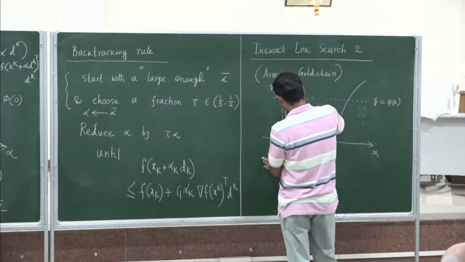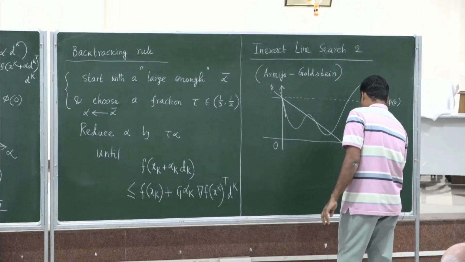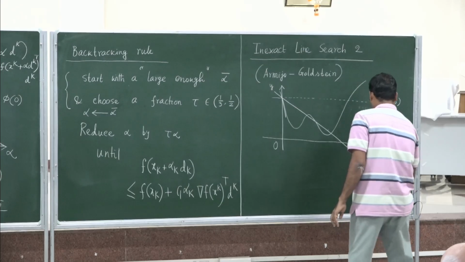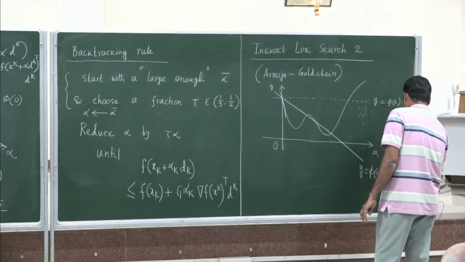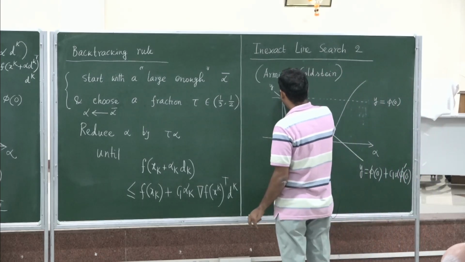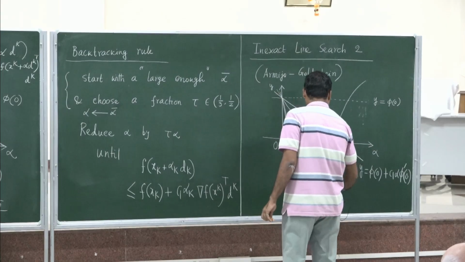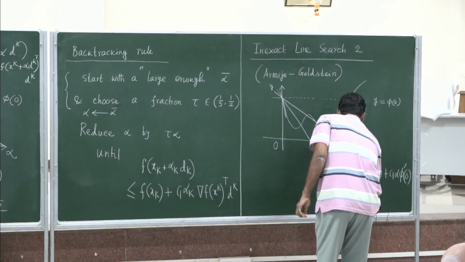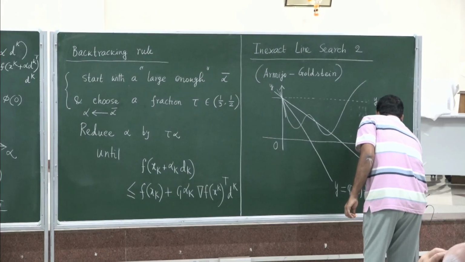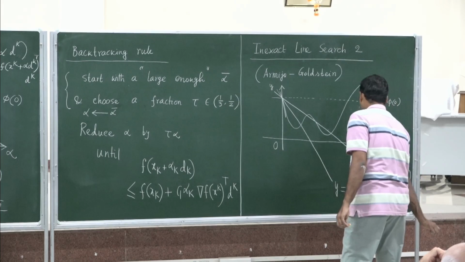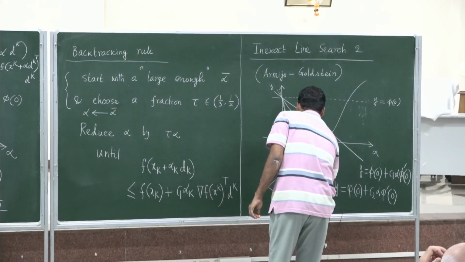We wanted the function value to be below this line, which was phi 0 plus C1 alpha phi dash 0, and above this line, which is phi 0 plus C2 alpha phi dash 0, where we take C1 less than C2 less than 1.